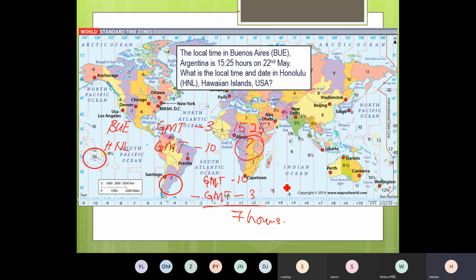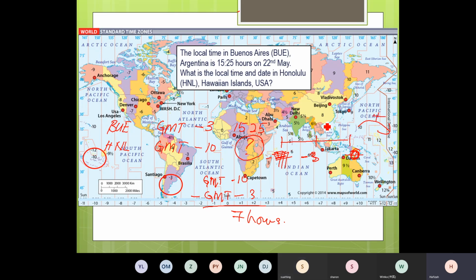Now if you put the timeline, it is easier for you. This one is 0, this one is minus 3, this one is minus 7. Sorry, this side is 0, here is minus 3 and this here is minus 7. If we go to this side, it will be plus.